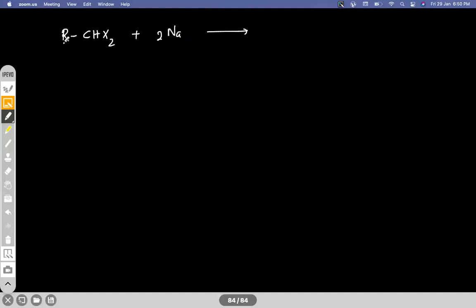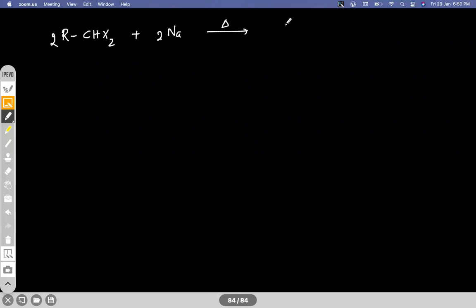For example, you see RCHX2 with 2 Na, 2 of this we are taking. Heated, it forms RCH double bond CHR plus 2NaX. Kind of a Wurtz reaction, as you can understand.